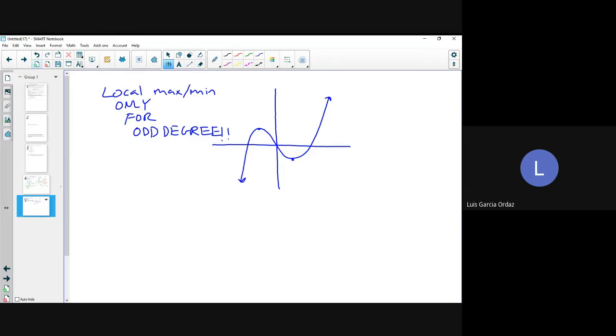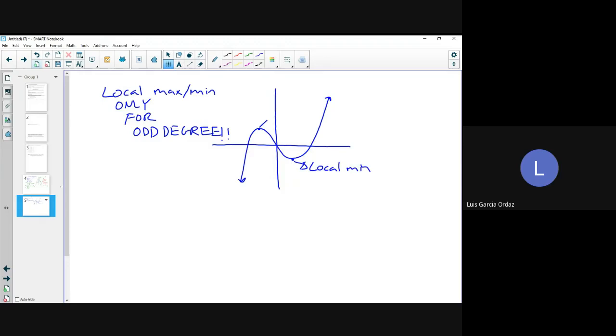No, because the left side keeps approaching negative infinity, so it's going to keep getting lower, lower, lower, and the right side keeps approaching positive infinity. So these turning points over here are known as local maxes and mins, because those are the turning points of the graph. So this would be a local min. And what's absolute? I'll show you.